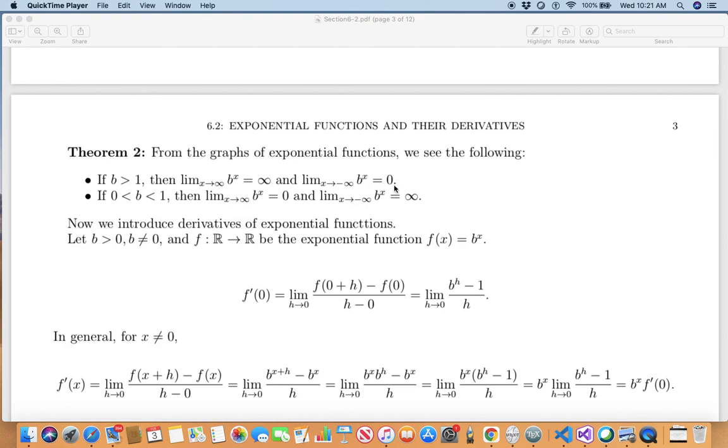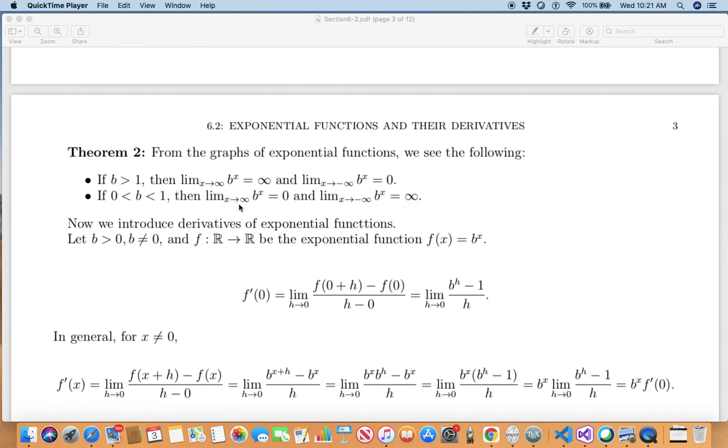curve approaches 0. On the flip side, when your base is between 0 and 1, that is, it's smaller than 1, then on the right, it goes close to 0. On the left, it goes to infinity. Okay?